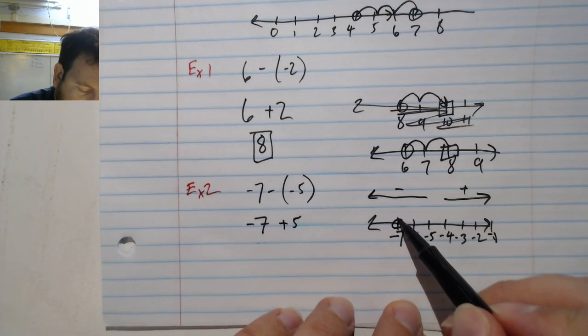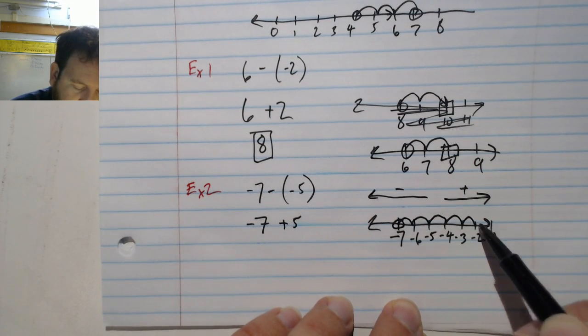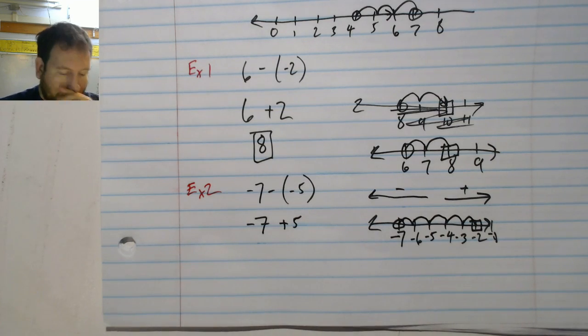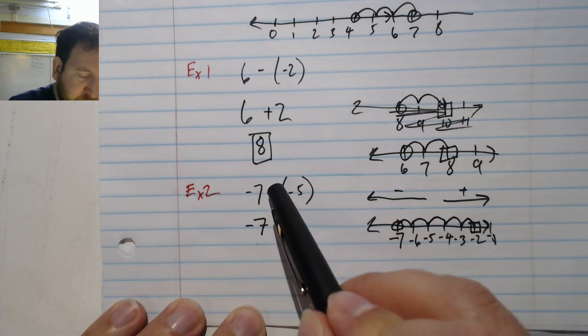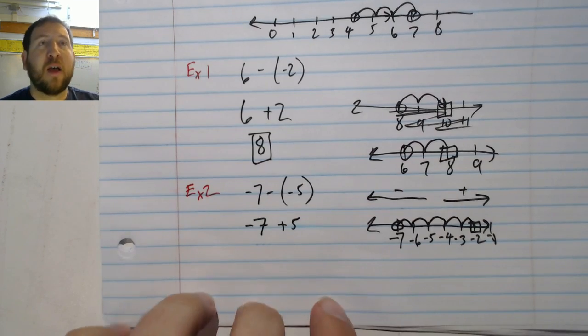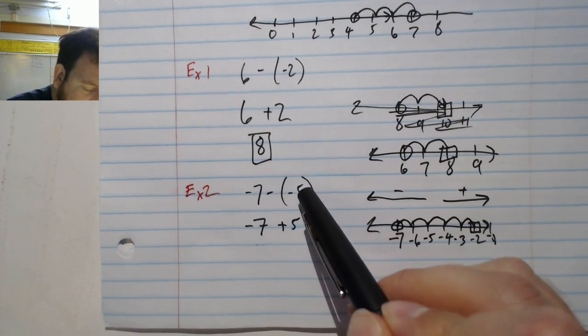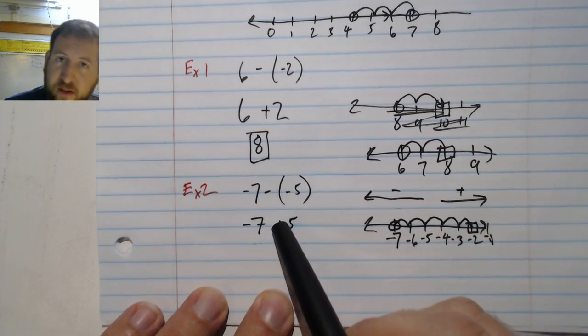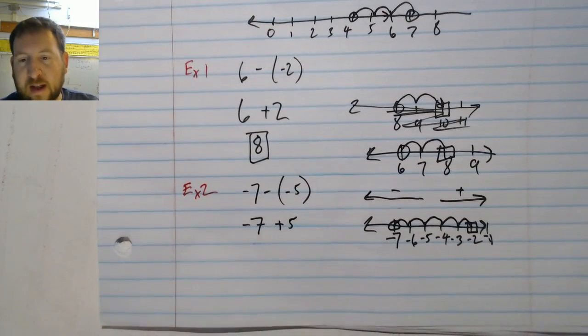So I'd be going 1, 2, 3, 4, 5, and I would end on -2. Remember, I can only cancel out the negatives when I'm using it for that particular term. This one here goes to positive, but this one here stays negative.